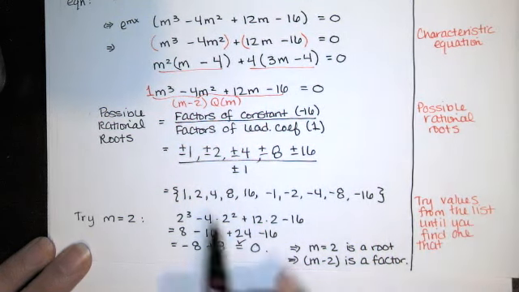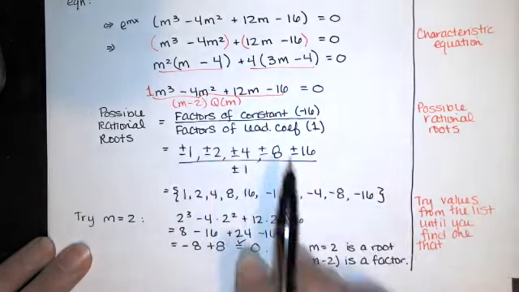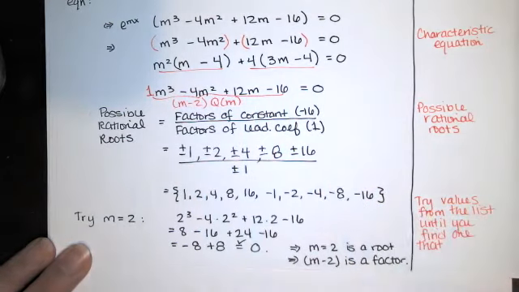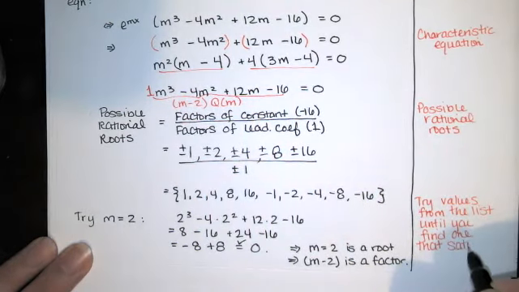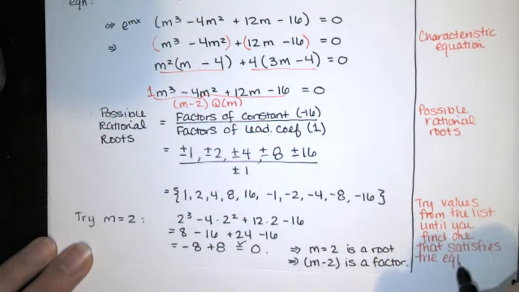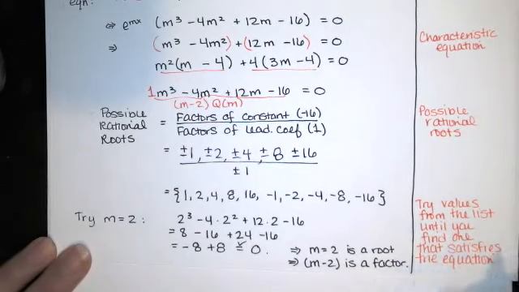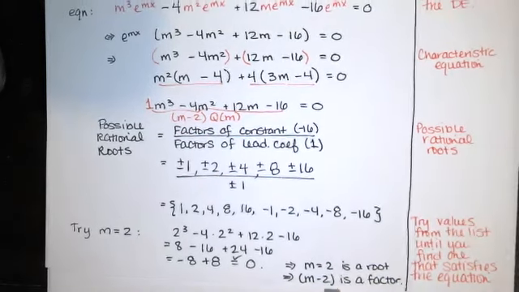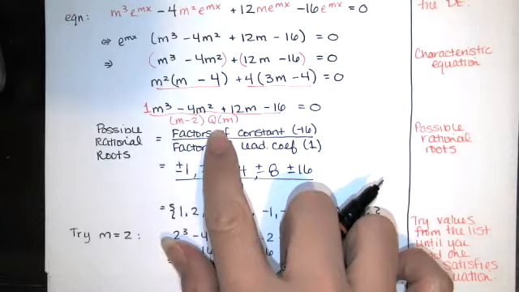And when I say it gives you a root, it's a value of m that satisfies this equation. So you plug in the m value and you get 0. Okay. Then after you've done that, we want to divide out that m minus 2 factor so we can find the quadratic polynomial that's left over.